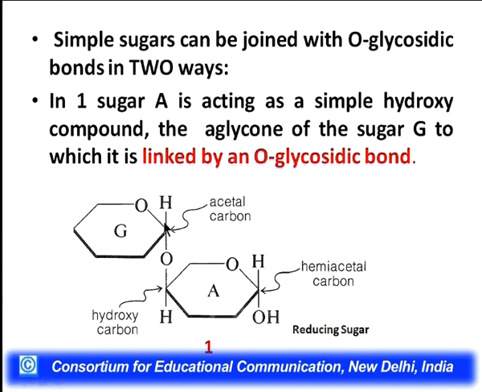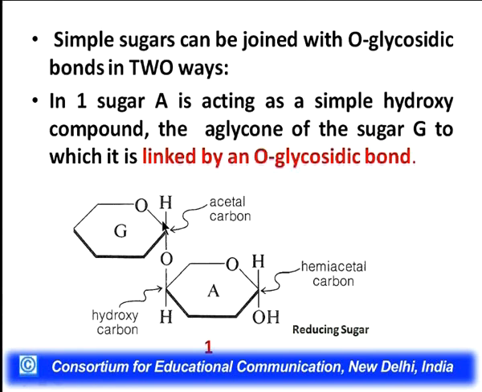That is, the hemiacetal OH or hemiacetal carbon is involved in acetal formation by reaction with the hydroxy group of the other monosaccharide. And in this case, we can take any of the hydroxyl groups of the second monosaccharide, and this monosaccharide is acting like an aglycon. This is the aglycon part and this is the glycon part.